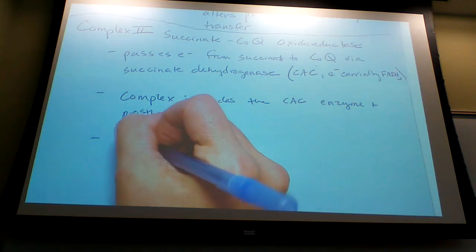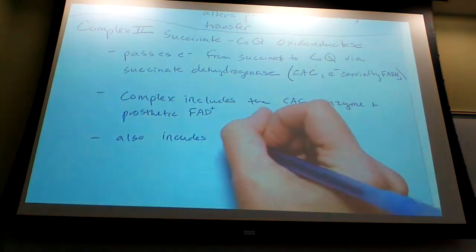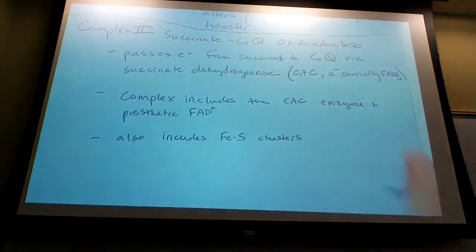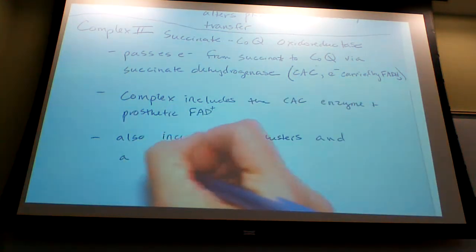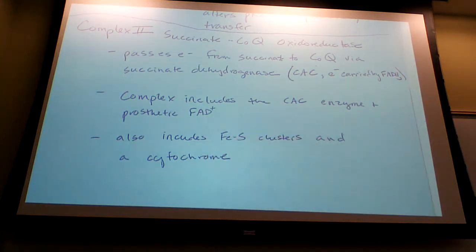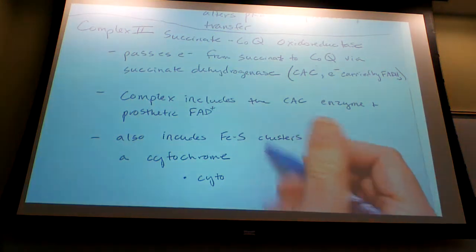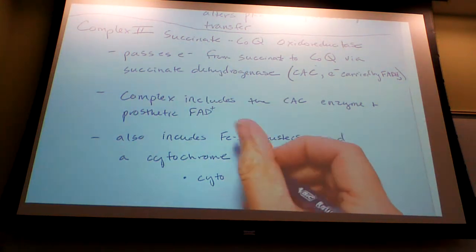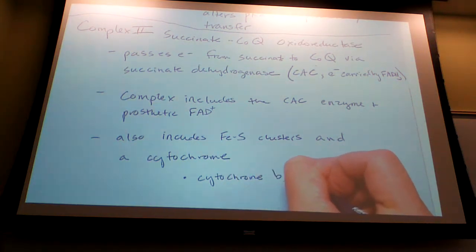It also includes iron sulfur clusters, and a cytochrome. Happens to be a cytochrome B. I'm not going to really worry about having to keep straight all the cytochromes, but it's a B560.